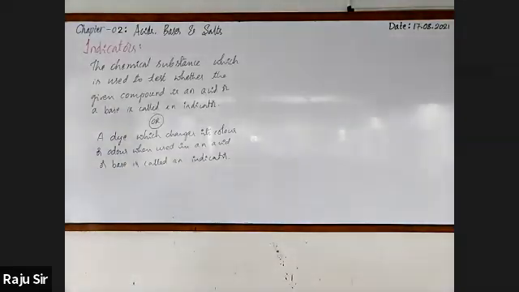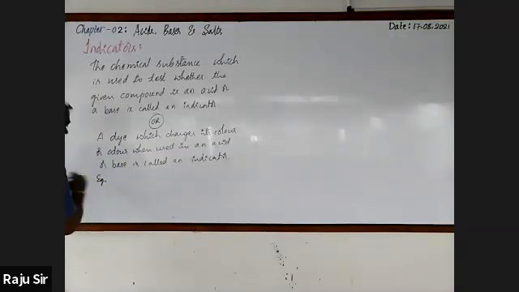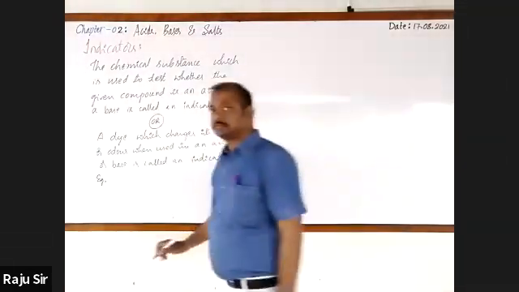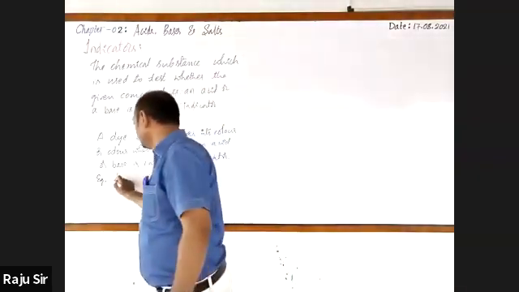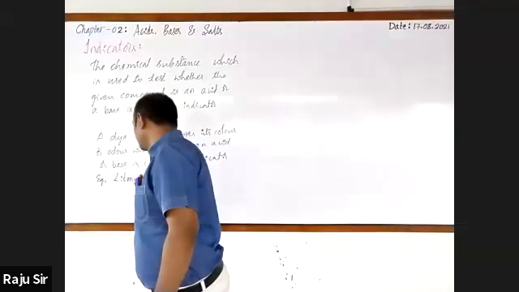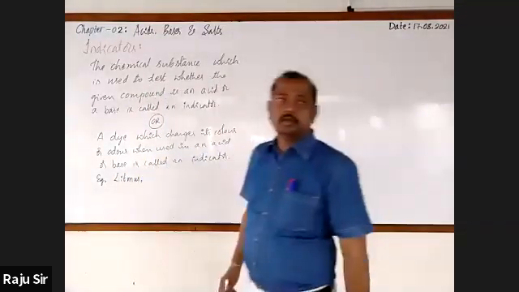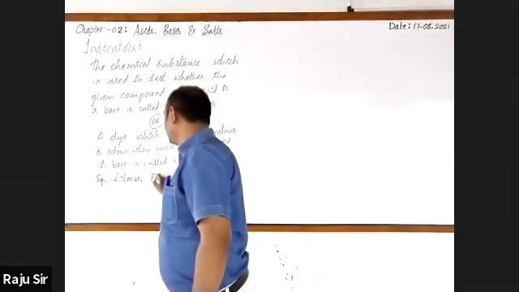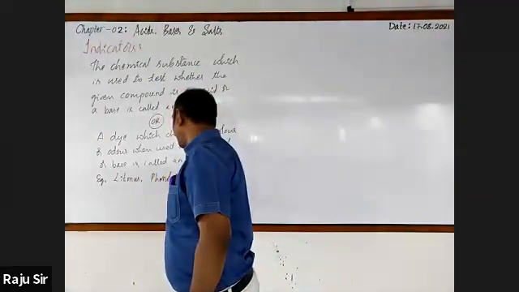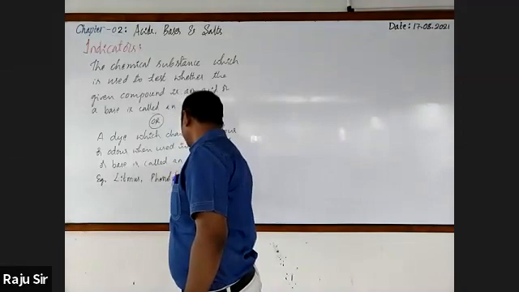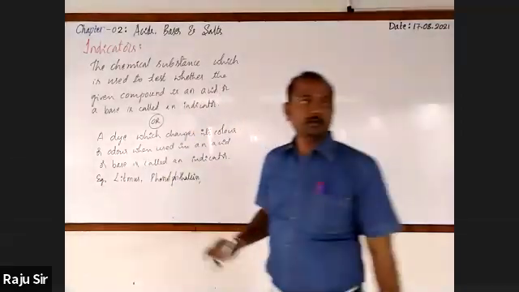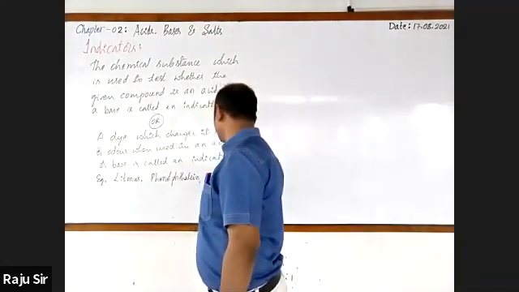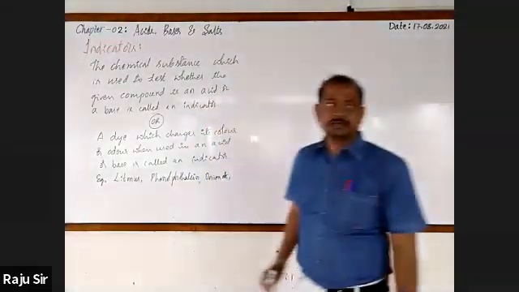Give a few examples of indicators: litmus, then phenolphthalein, then onion, etc.